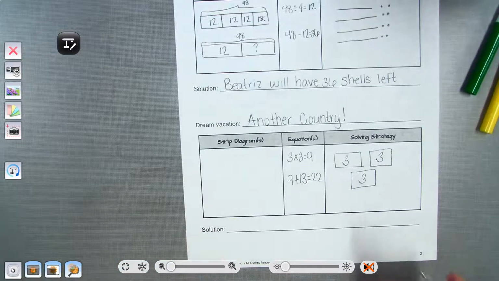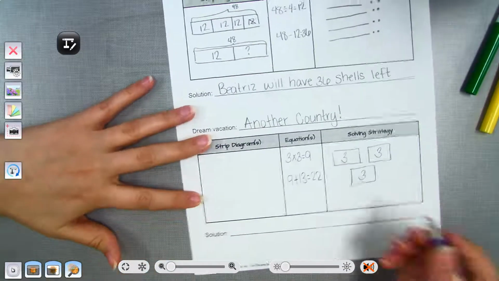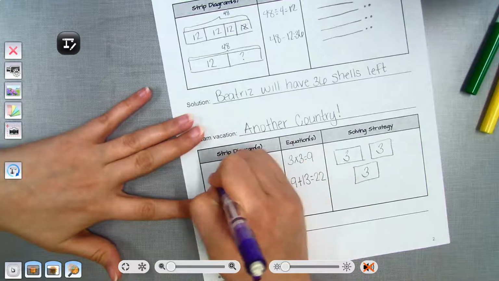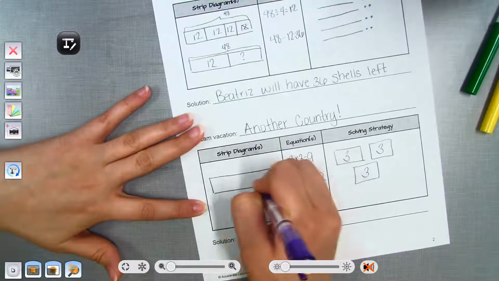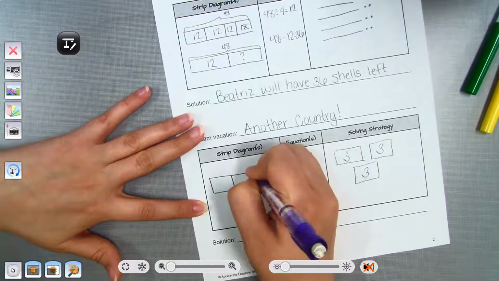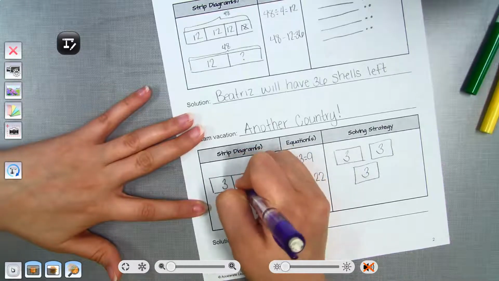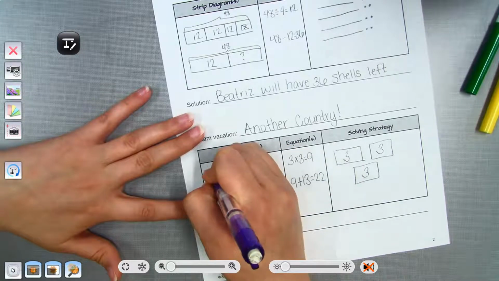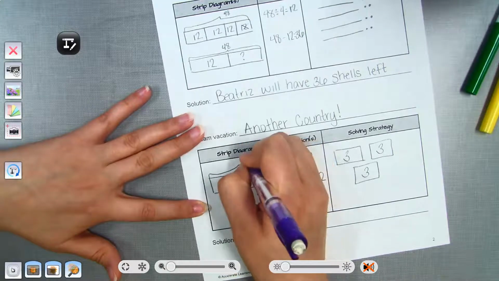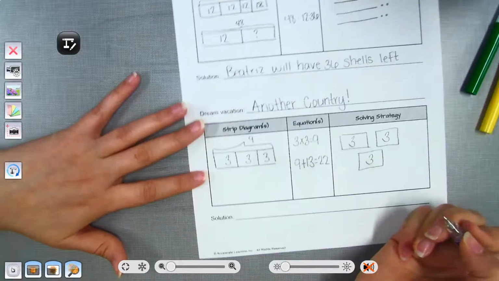So I'm going to do our strip diagrams to match, guys. So for the first multiplication problem, we know that she has 3 plane rides that are 3 hours long, which would take her 9 hours.